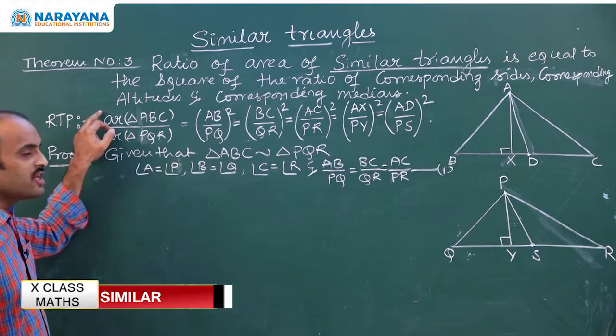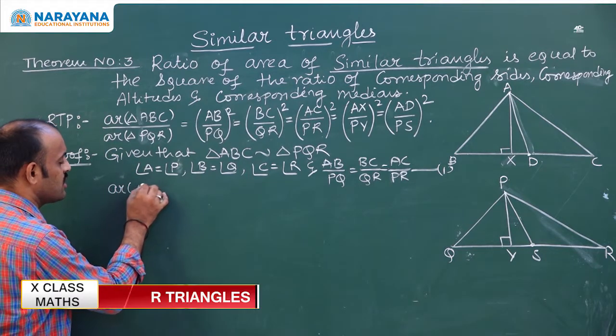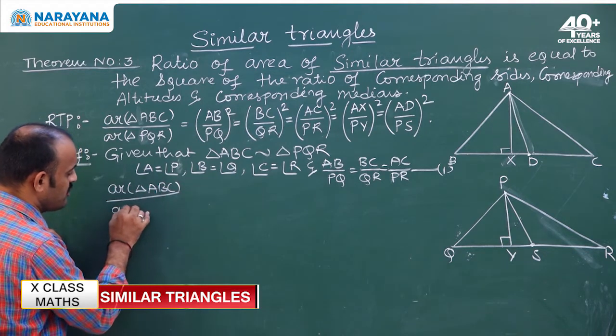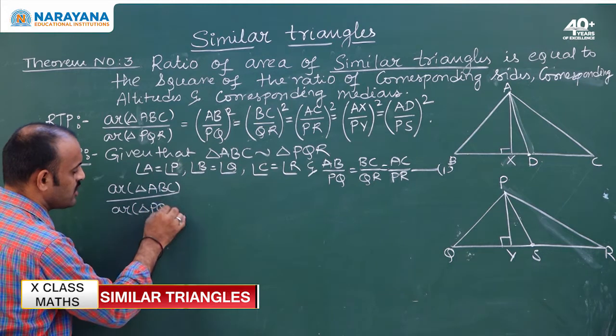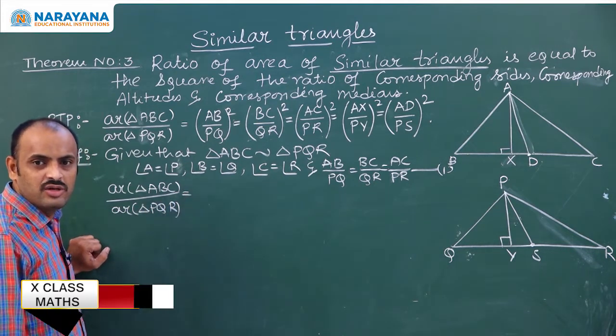We are asked to find the ratio of the areas: area of triangle ABC by area of triangle PQR. What is the area of a triangle formula? Half into base into height.